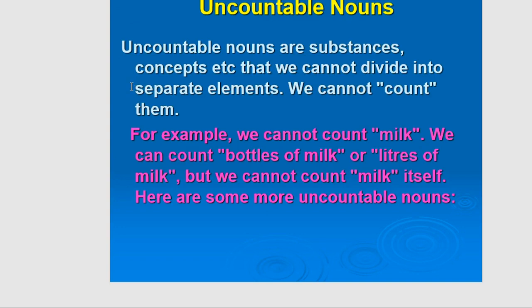Uncountable nouns are substances, concepts, etc., that we cannot divide into separate elements. We cannot count them. We can count bottles of milk or liters of milk, but let's say you have a lot of milk in a box and someone asks how many liters are in it.